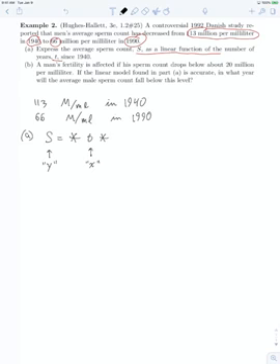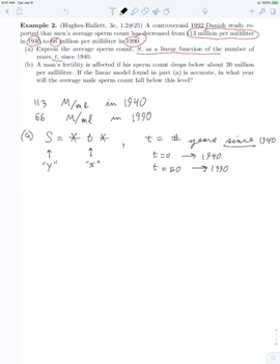Okay, one final thing to remember is that T equals the number of years since 1940. It's really important to get that because that means that when T is equal to 0, for instance, that means that it's 1940. And when T is equal to 50, that means that it's 1990.